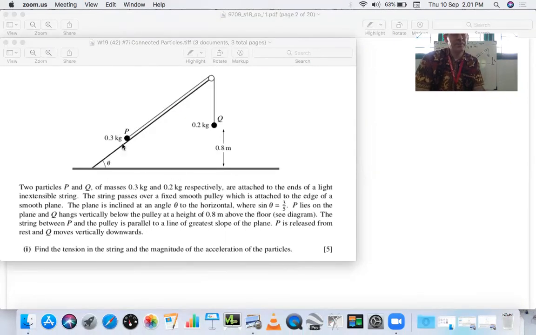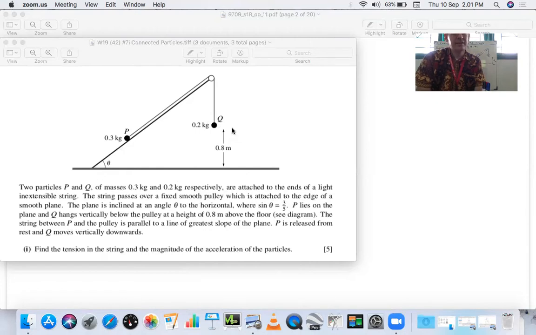P lies on the plane and Q hangs vertically below the pulley at a height of 0.8 meters above the floor. The string between P and the pulley is parallel to a line of greatest slope of the plane. P is released from rest and Q moves vertically downwards.